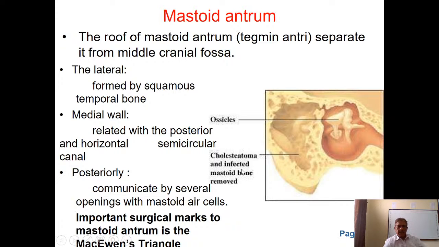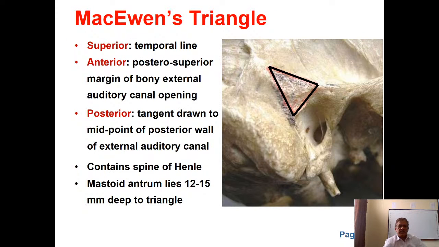Okay, and there are certain landmarks that are described, which is called McEwen's triangle, which is formed by a small projection present in the posterior part of the bony external auditory canal, a tangential line drawn to the external auditory canal, and a crest called the supramastoid crest.